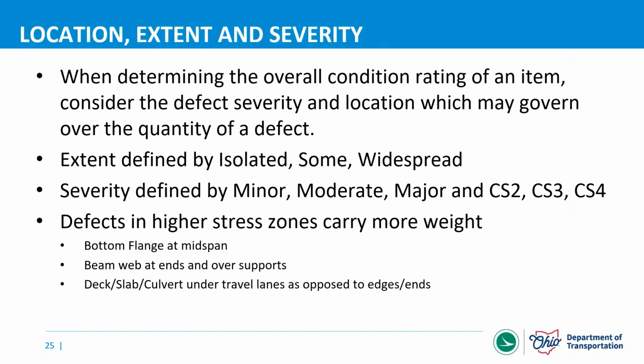And again, defects in higher stress zones should carry a bit more weight. So for example, bottom flange at midspan, beam web or ends over the supports, deck slab or culvert under the travel lanes as opposed to the edges or the ends. It's on the inspector to understand when they're at a more critical area for deficiencies.